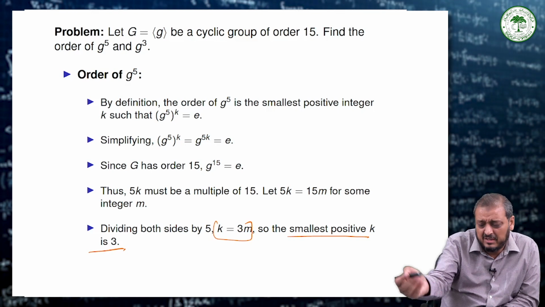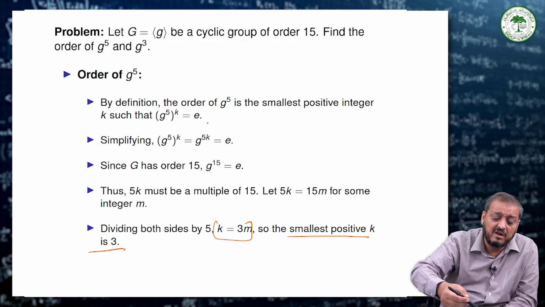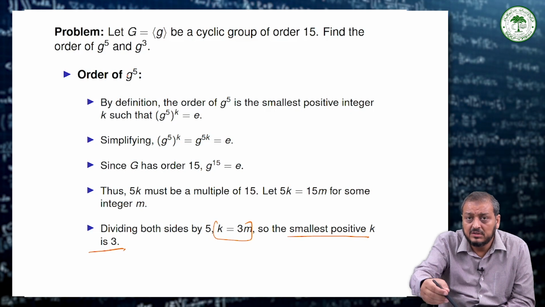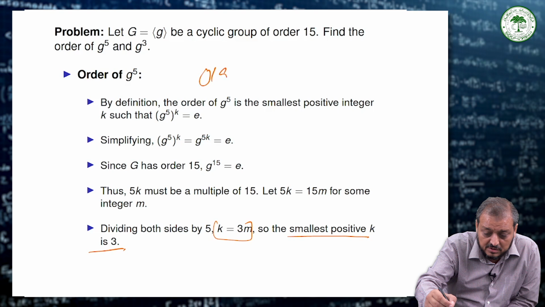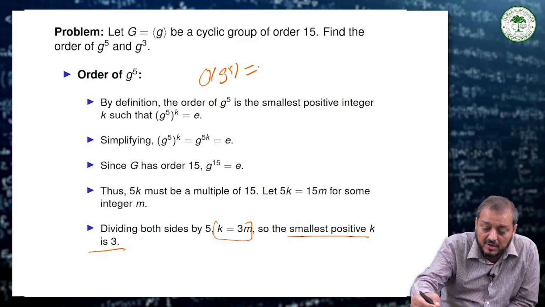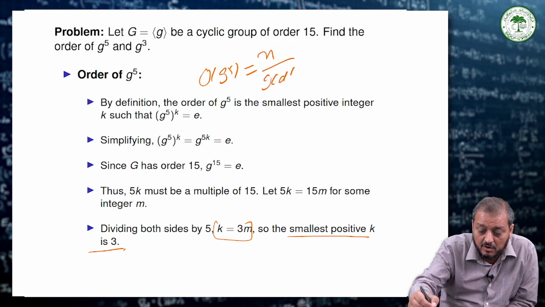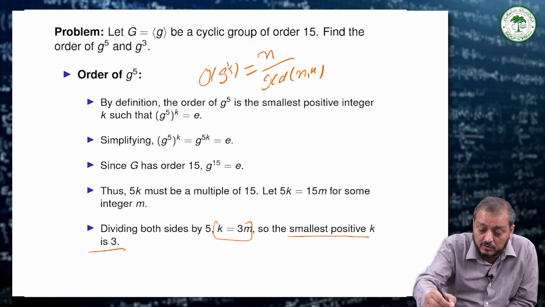This is one way, and we can also find the order of g to the power 5 in a different form. We have n over GCD of n and k as the order of g to the power k.